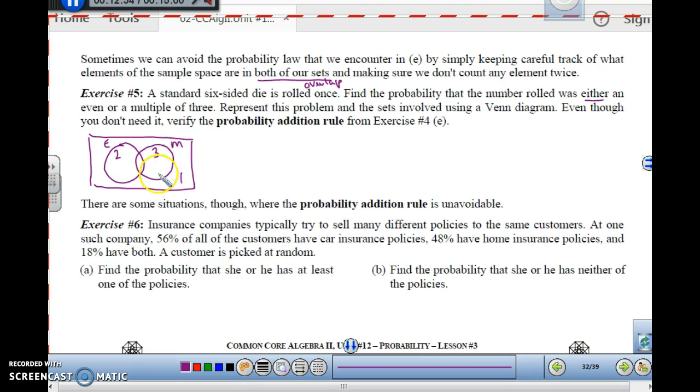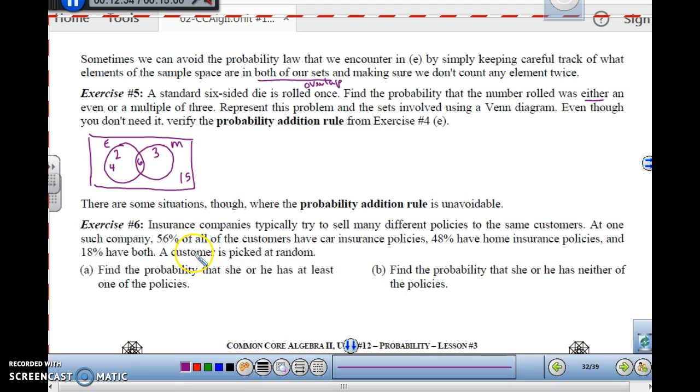Okay, 4 is even, but is it a multiple of 3? No. 5 is not even, and is it a multiple of 3? Nope, so that's going to go out here. All right, 6 is even. Is it a multiple of 3? Yes, it is. That's an overlap. Okay, that's all my 6 numbers, so we can see right here.